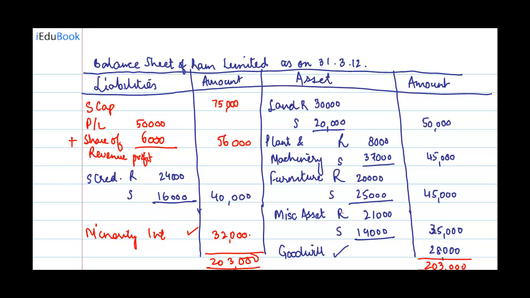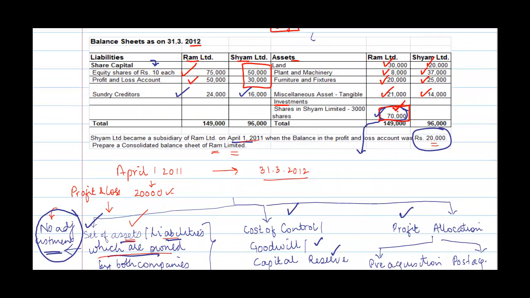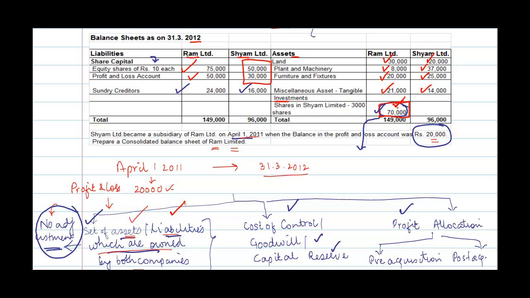Right? Just to recapitulate, there are certain steps that need to be followed. The first one is whatever unrelated assets and liabilities are there which are not subject to any adjustment, just add them and put them in the balance sheet. Calculate the cost of control or goodwill, which is calculated as the amount of investment less whatever values you have received.